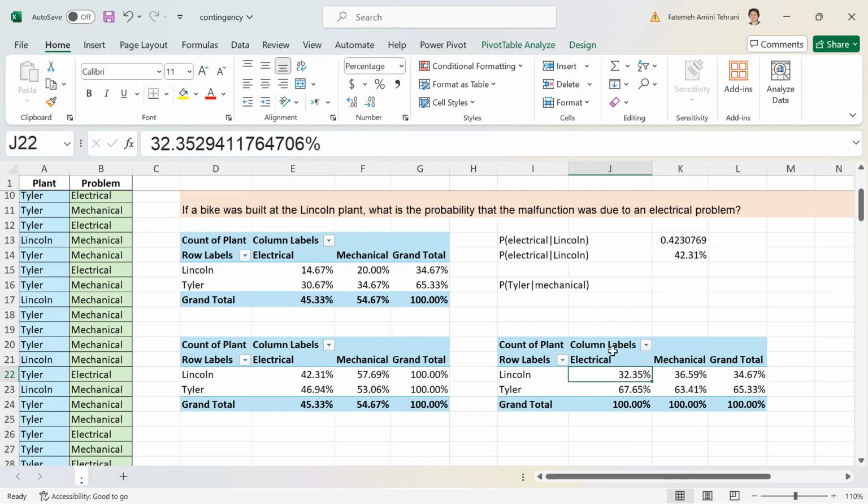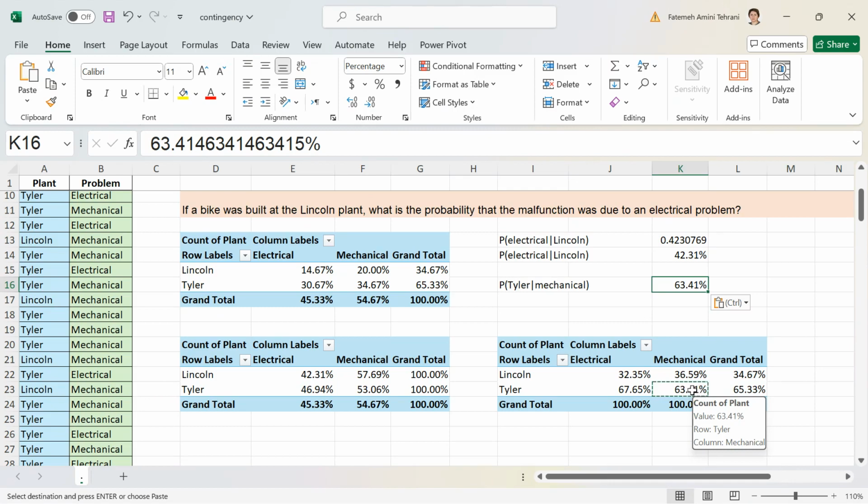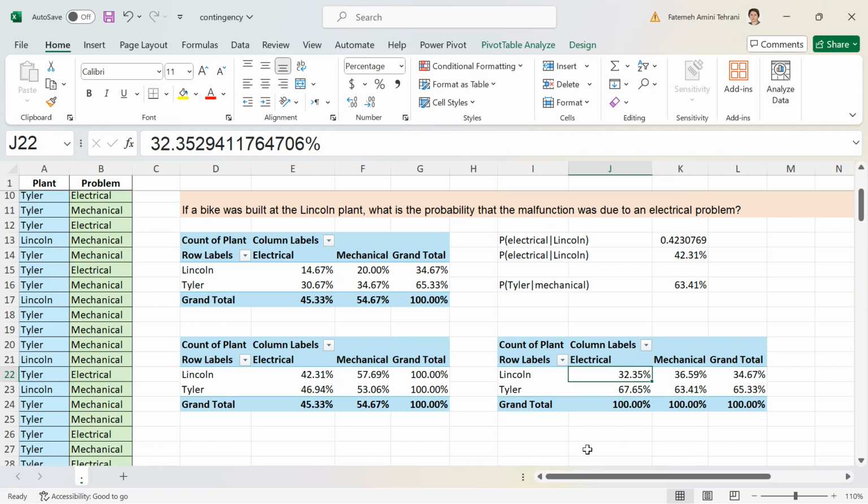Okay, now it's the probability of Tyler given mechanical. This number, 36.59%, is the probability of Lincoln given mechanical. 32.35% is the probability of Lincoln if the problem is an electrical problem.